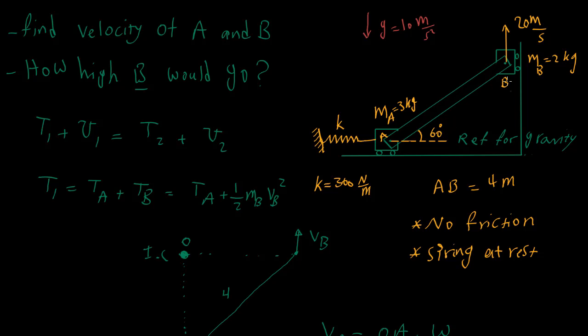So let's say that this length here right now is just 4 cosine 60, and when the slider A goes to the right, this side would be 4 cosine theta. So the elongation of the spring would be 4 cosine 60 minus 4 cosine theta.